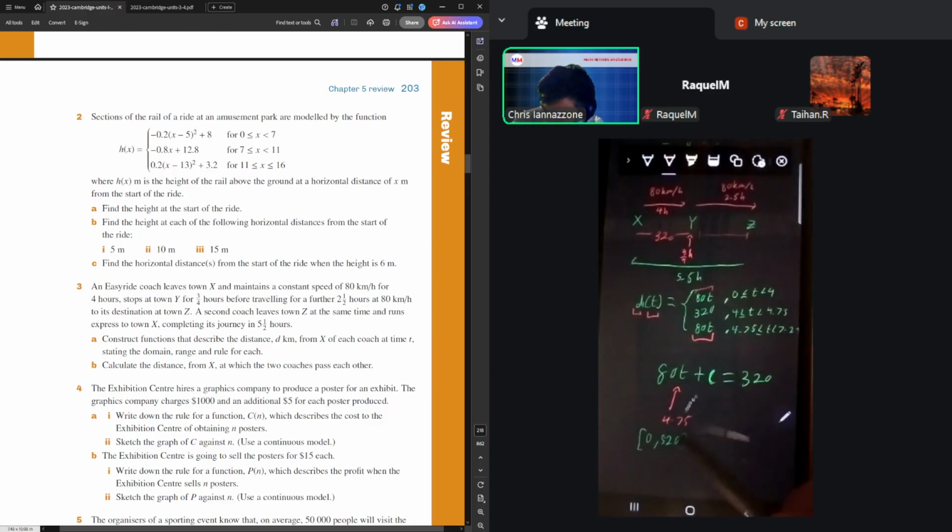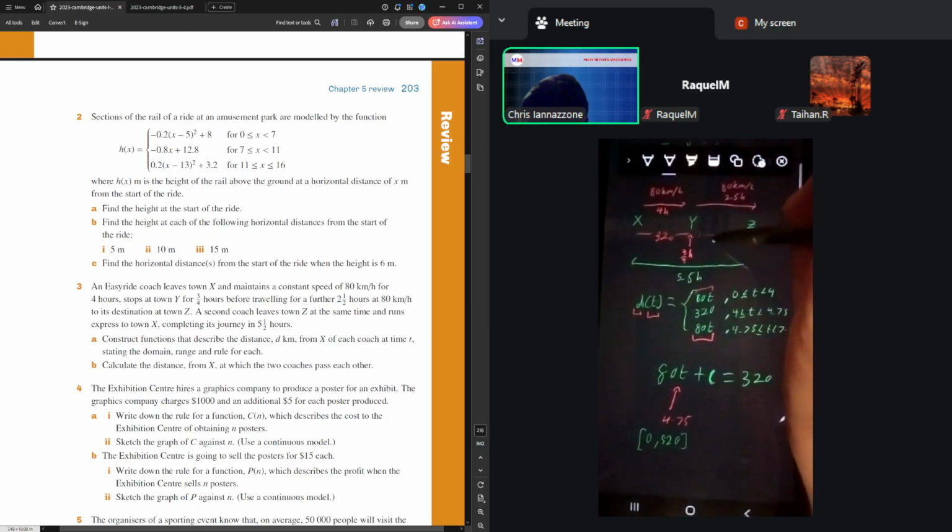You would either subtract the 320 from the 520, or you would find the distance by subbing in t equals 7.25 into this, and then subtracting 320, which we kind of already know gets you to 520 anyway, so it's kind of the same thing. But yeah, if this is 520, then that means this would be 200 here.